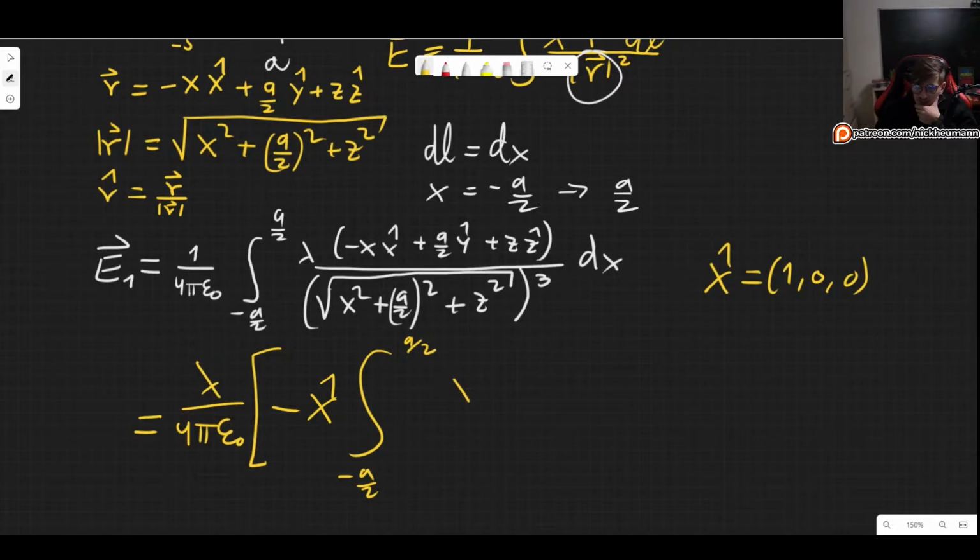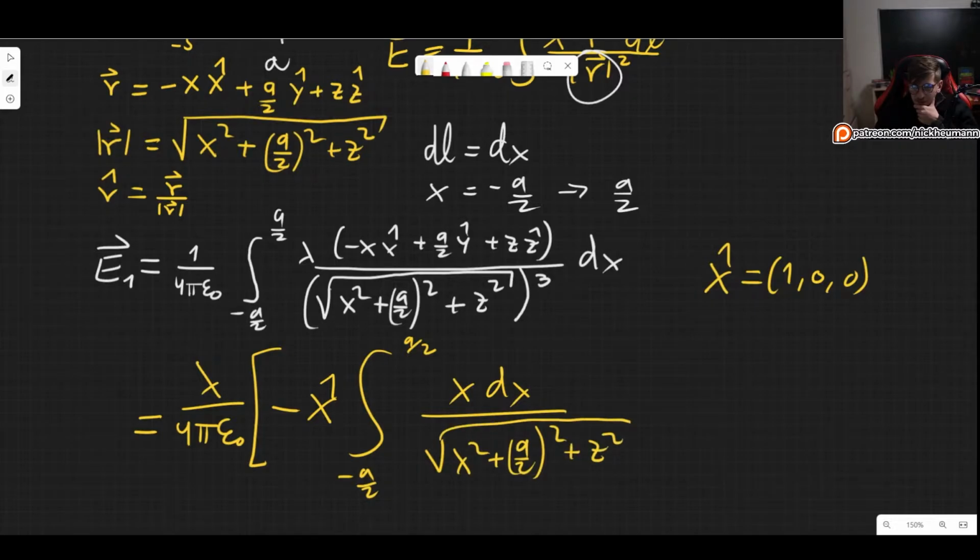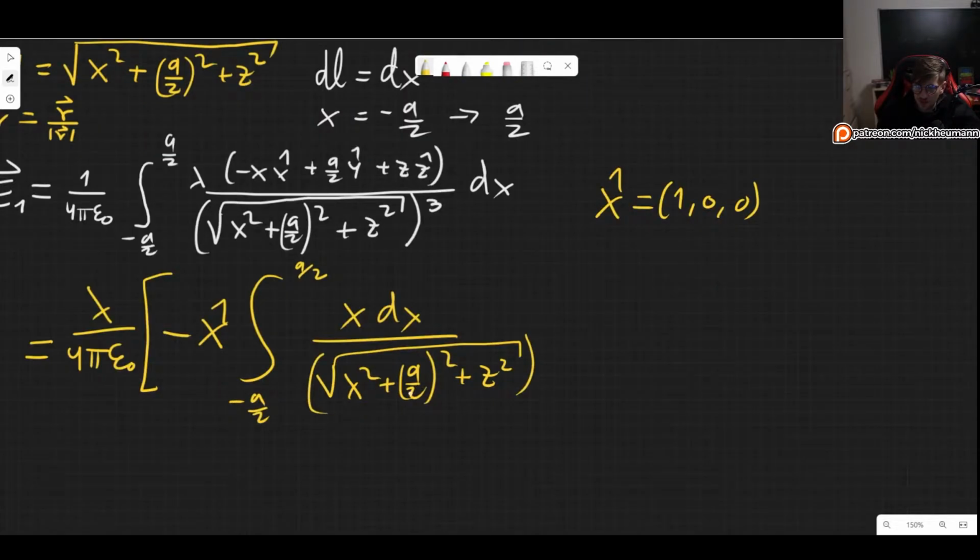And then we still have x dx divided by the square root of x squared plus a over 2 squared plus z squared, and this thing, of course, is cubed. Now, I do prefer to write it like this. So instead of having the square root, I do like to say this is to the 3/2 because it makes integrating easier. It makes it easier to see what's going on, at least for me.